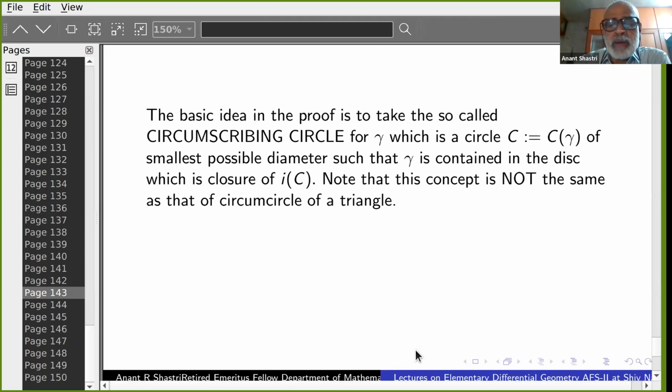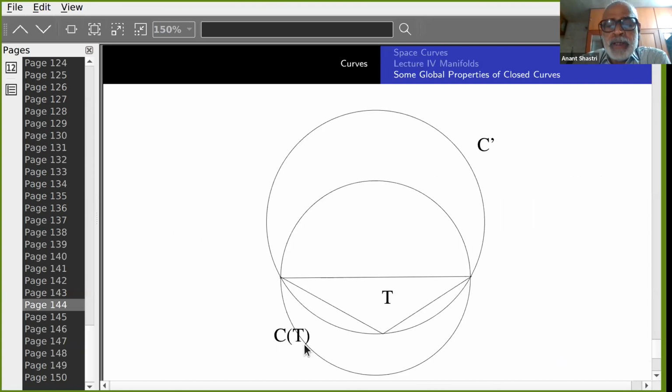Okay, here is an example. CT is this one, whereas C prime is the circumscribing circle. Okay. CT, the smallest one, which contains T, is just, this is the diameter and that is the center. Take the largest side as the diameter. So that is CT.